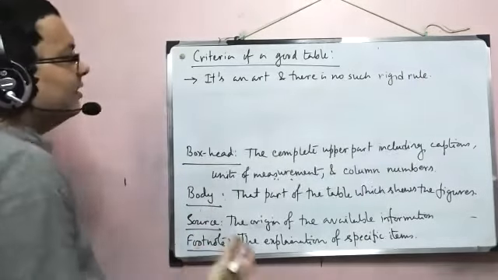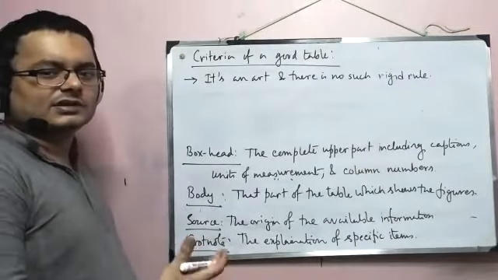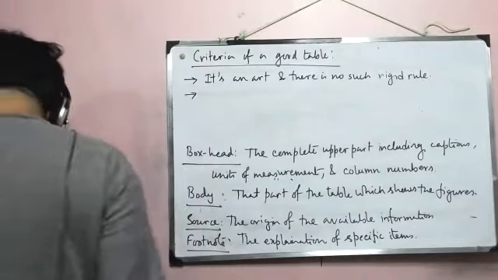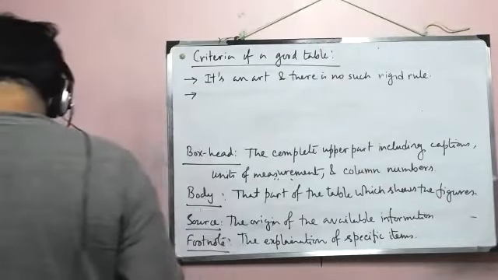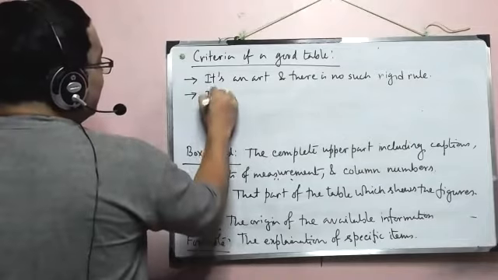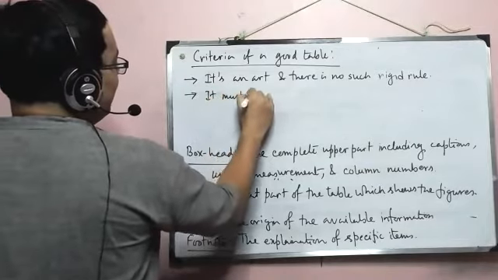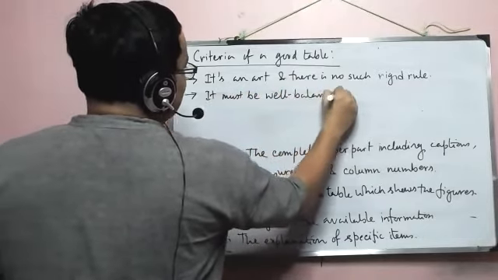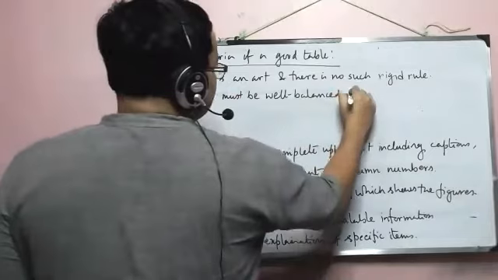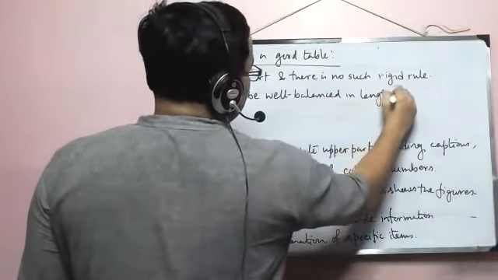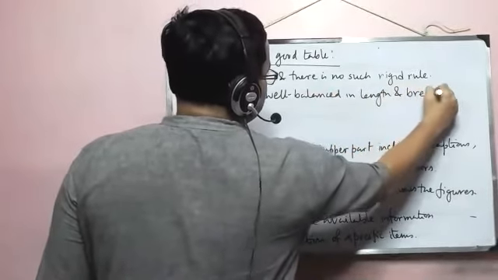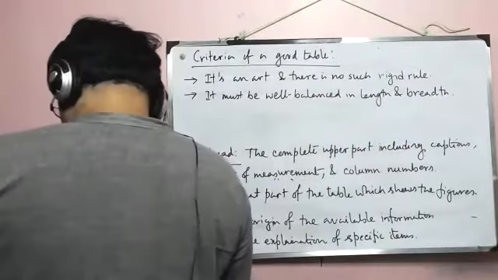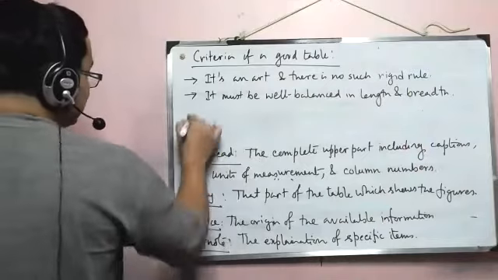But then we want some aspects to be there. So what are they? Those will form the criteria. So it must be well balanced in length and breadth, which is not true always, but we'll try, right?